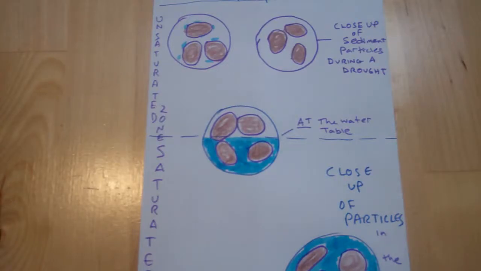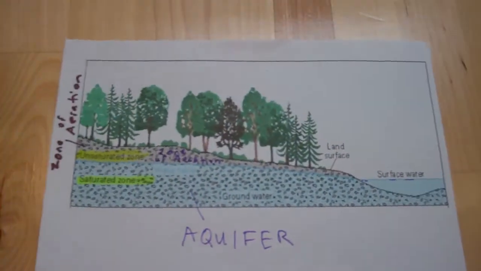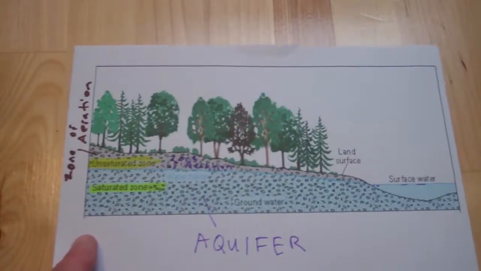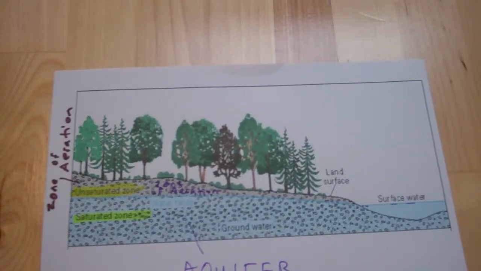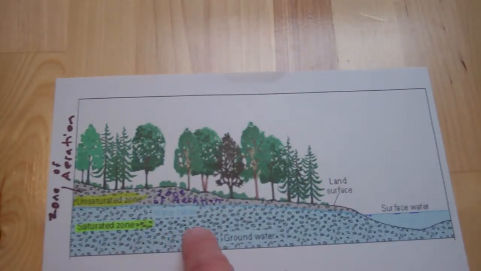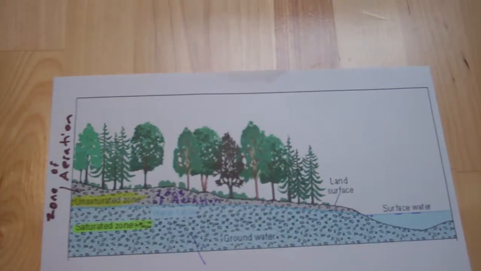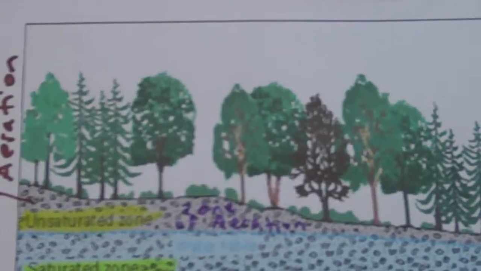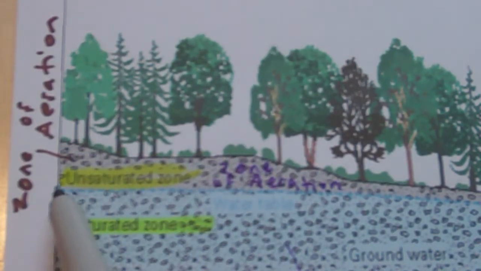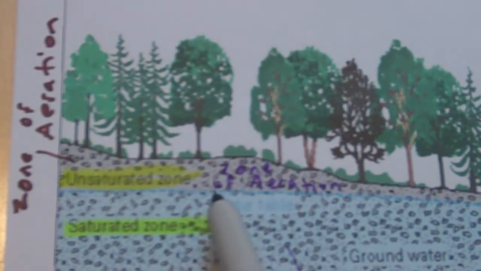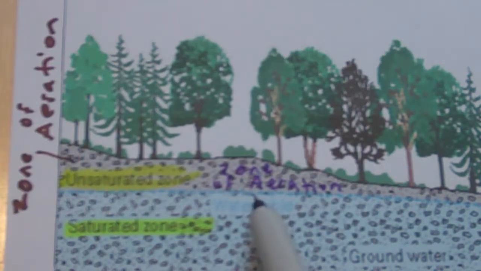Now, what would this look like in more of a forest type picture? So here's a picture of a forest, and you can see that all of this is an aquifer, and you can see a couple of zones. We've got our unsaturated zone, which is above this dashed blue line. That's our water table.